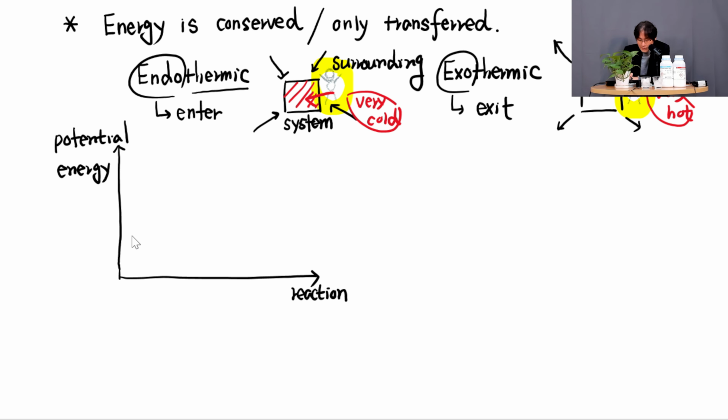And then we just make two different lines, one line here, another line right here. Everything is done. The left side, this one is the reactants.